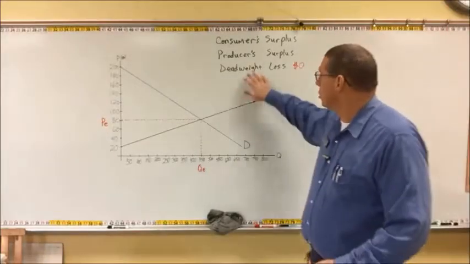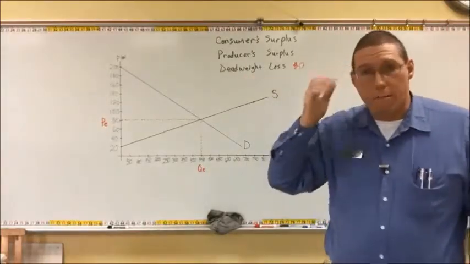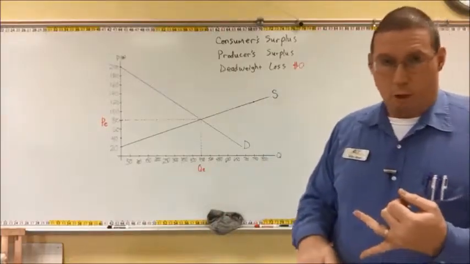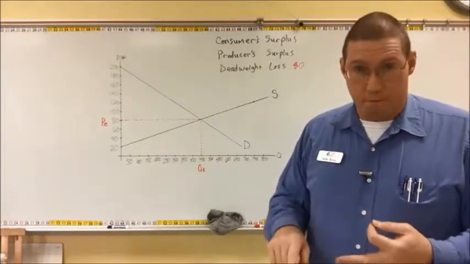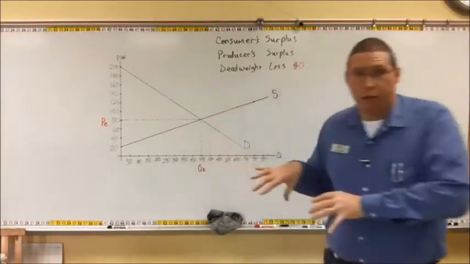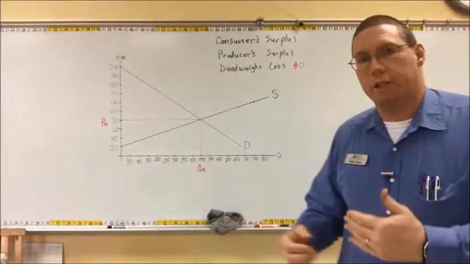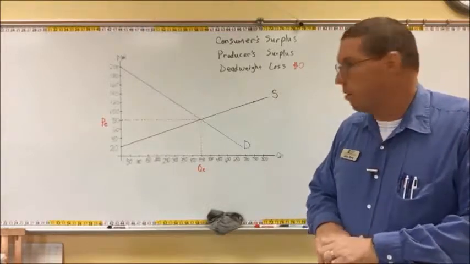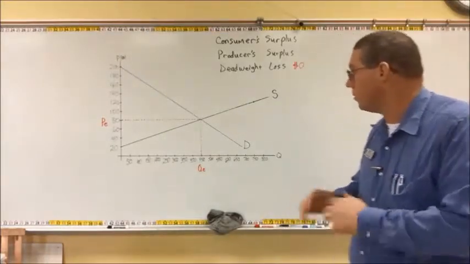We usually only get a deadweight loss when the government or certain businesses or groups of businesses push their power on the market to change the price and the quantity, oftentimes the quantity supplied.